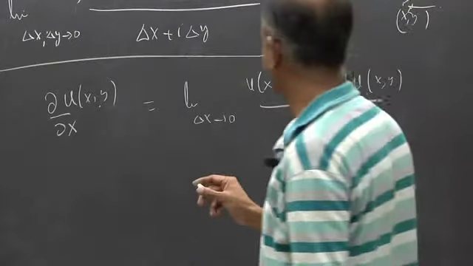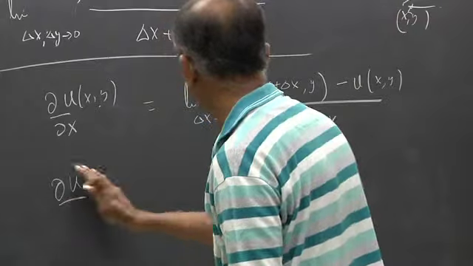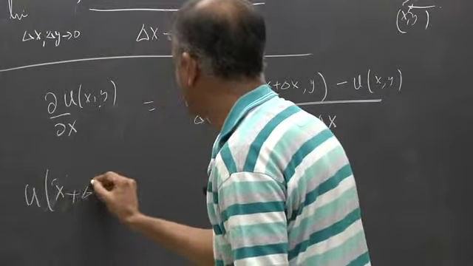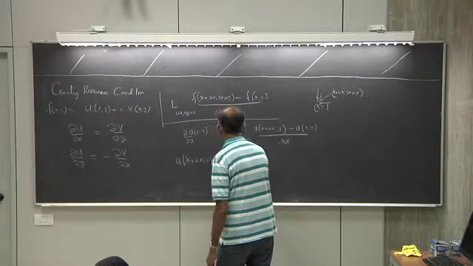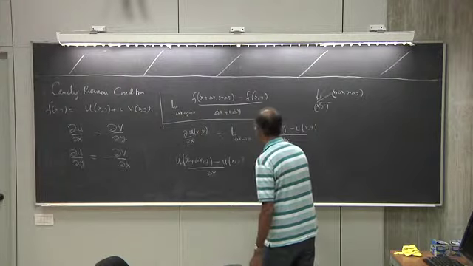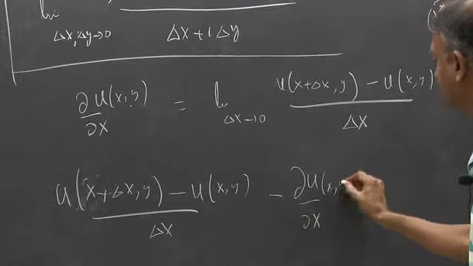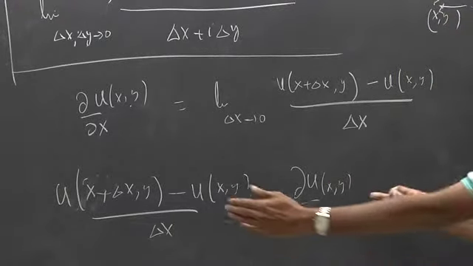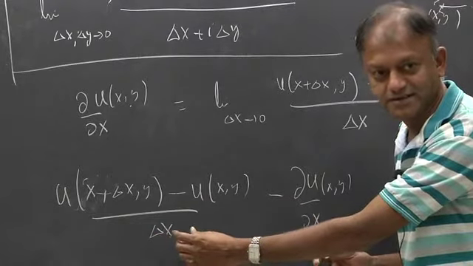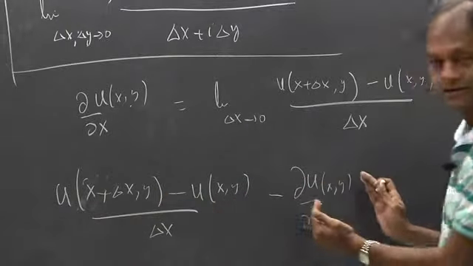So what this means is that if I take the difference, u of (x plus delta x, y) minus u of (x, y), divided by delta x, minus du by dx at the same point (x, y), this difference can be made arbitrarily small if I take delta x smaller and smaller, because in the limit this quantity is equal to that.